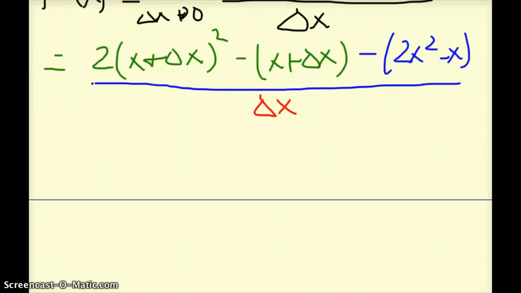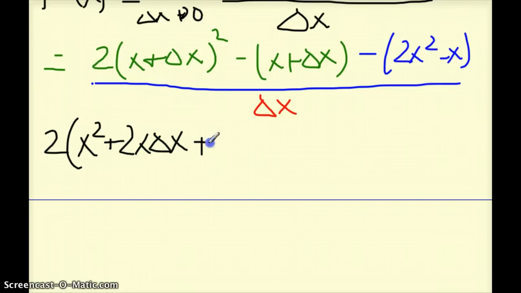So if we continue, right now I have so many terms I need to distribute, and hopefully get a simpler expression. So if we were to solve this, I get 2 times x squared plus 2x delta x plus delta x squared. I do want to clarify, delta x is different from x. Look at them as two separate variables, okay? And so I'm going to get rid of those parentheses and I get minus x minus delta x.